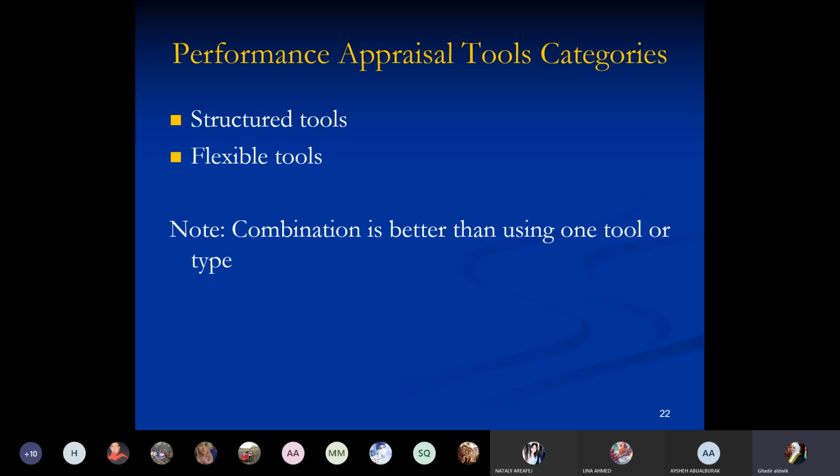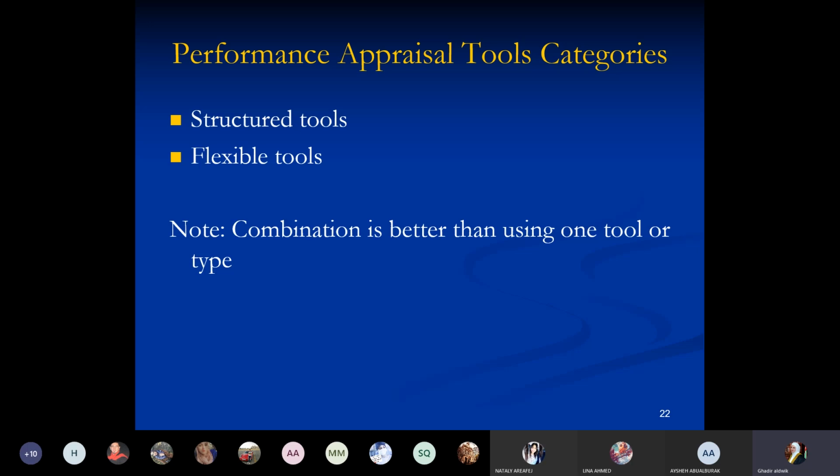Or if I have personal conflict with some nurses, this should not be reflected on the performance appraisal and performance evaluation. We have tools. These tools could be structured tools or flexible tools. Both of them are important to show a perfect or successful performance appraisal.